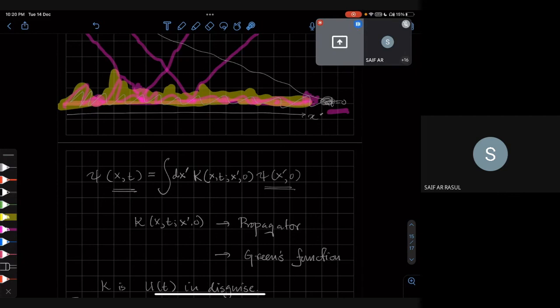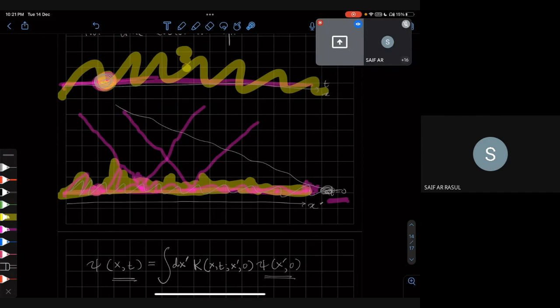This was done a little bit sketchily, but this is extremely important, and it turns out that if you want to find this, the propagator is nothing intrinsically quantum mechanical. This is just the general problem of wave physics, right?